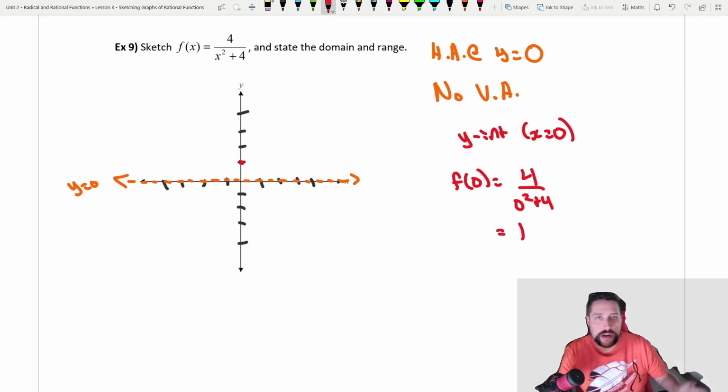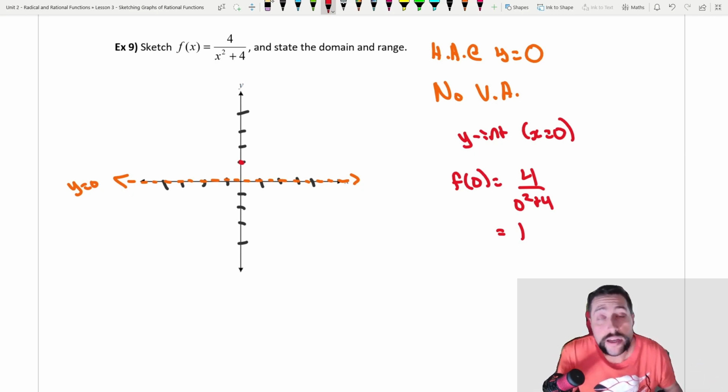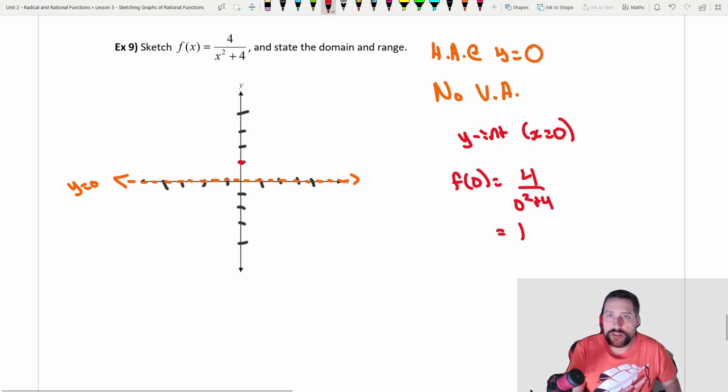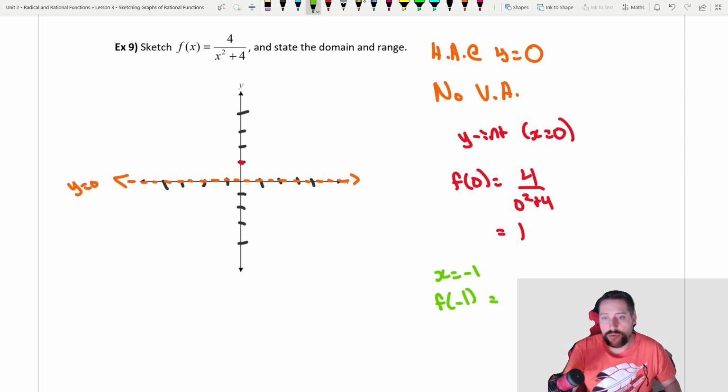So you can find other points as well. Let's go on either side of the y-intercept, just so that we can see if this is going to be the highest point or not. So let's choose x is equal to -1. When x is -1, it's equal to 4 over -1 squared plus 4.